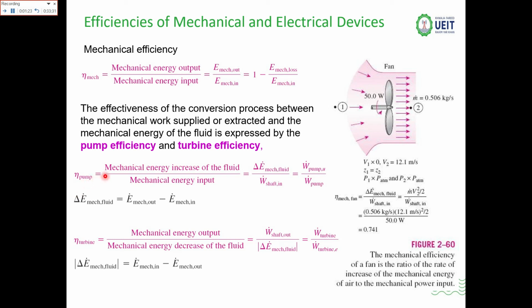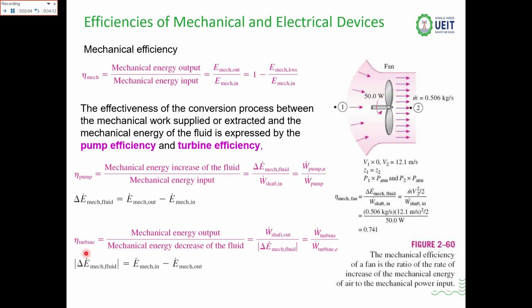Pump efficiency is the potential energy, or the height to which the fluid has been raised, divided by the mechanical energy input to the pump shaft. The input is the shaft work, and the output is the fluid going outward. So delta E of the fluid equals the fluid coming out minus the fluid coming in. So pump efficiency equals E out minus E in divided by W.